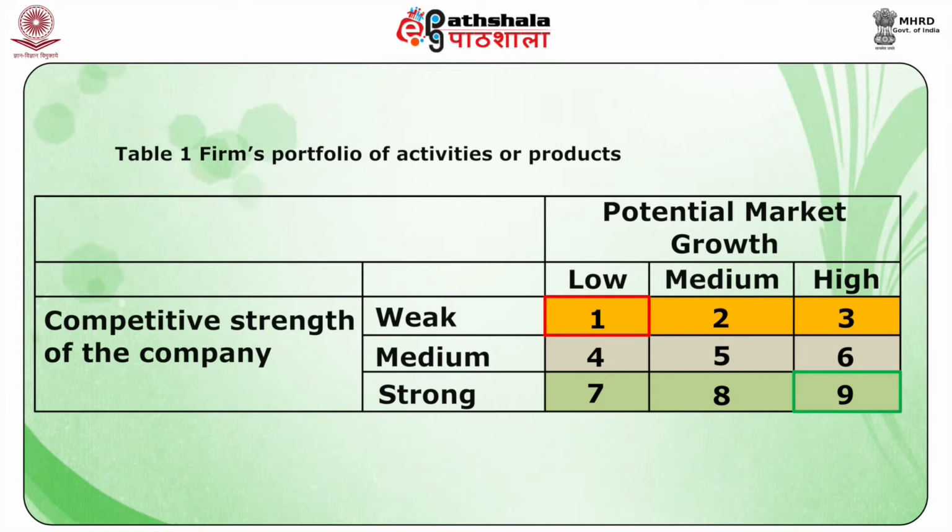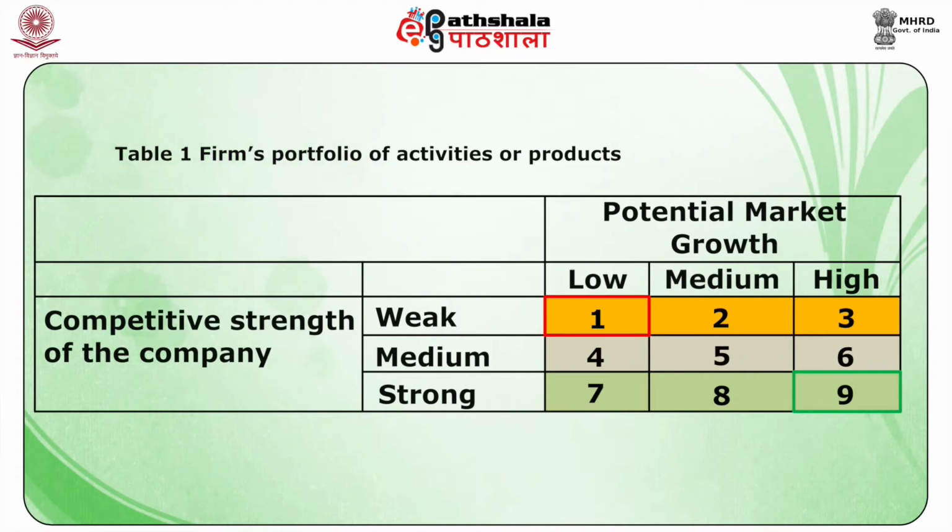Firms lying in box 9 are the ones with the strongest competitive strength and the fastest growing market, while the ones lying in box 1 have the weakest competitive strength and the market is growing slowly. Thus, firms should concentrate resources in box 9 products and try to avoid box 1.